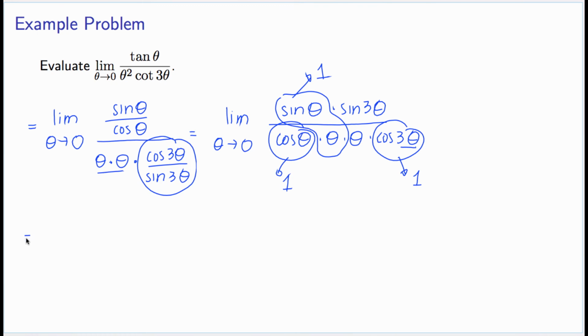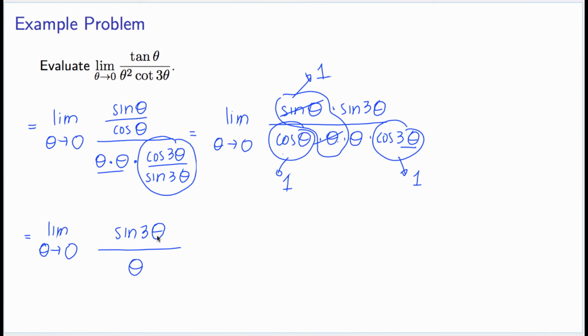So far, we've got the limit as theta goes to 0. My sine of theta over theta went away, it just went to 1. So in the numerator, I just have a sine of 3 theta, and in the denominator, cosine theta went to 1, the theta went away with my sine theta, and the cosine 3 theta goes to 1, so I simply have a theta in the denominator.